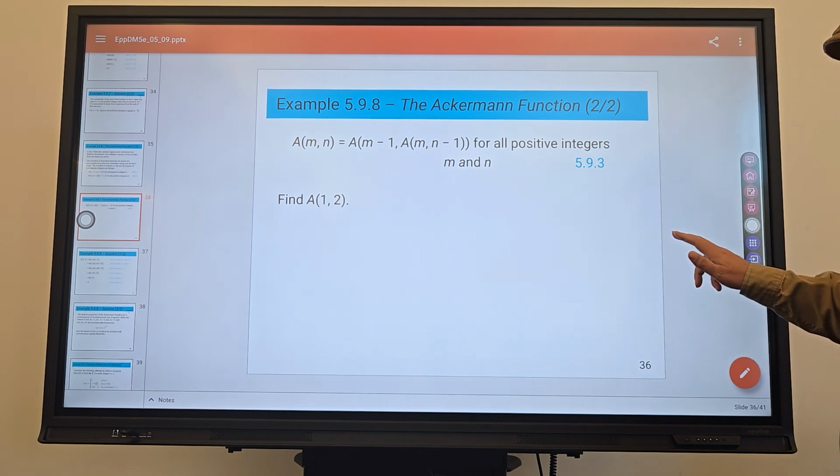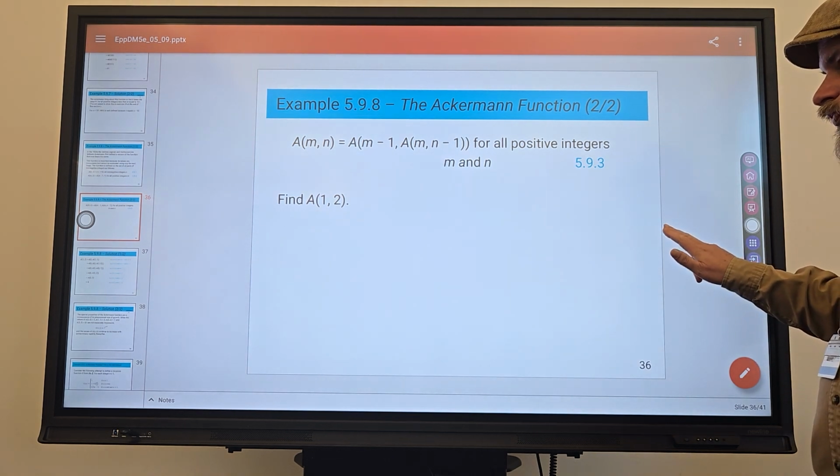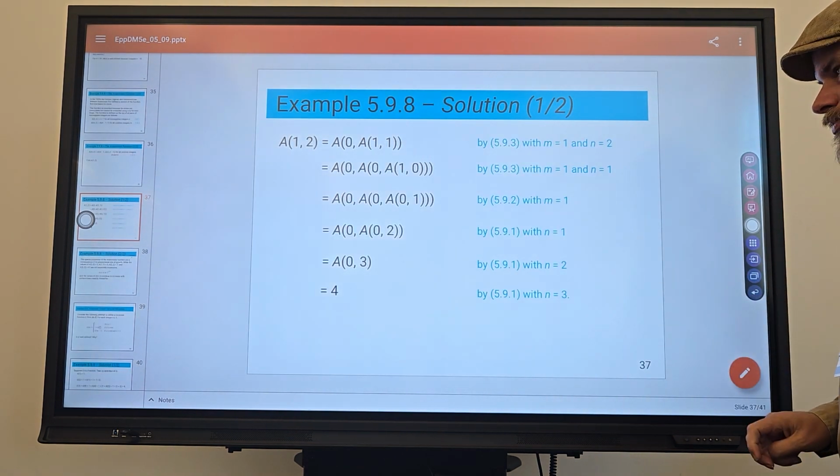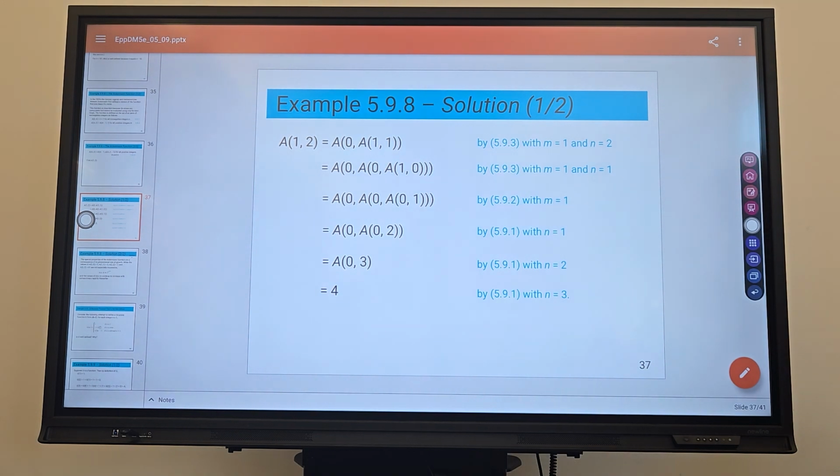Find A of 1, 2. There is a lot of substitution and moving things around, and you get A of 1, 2 equals 4.